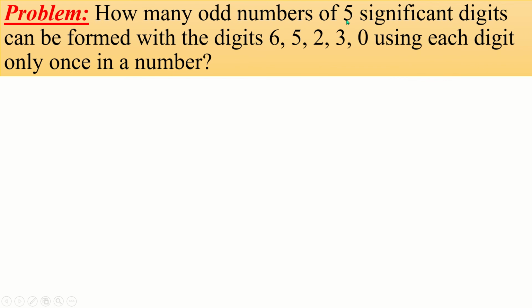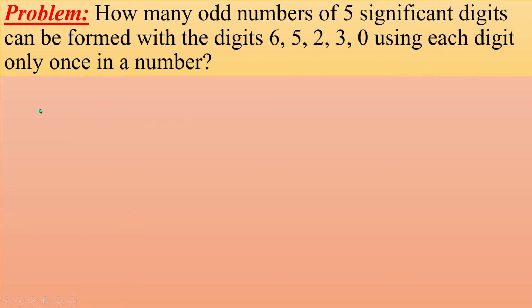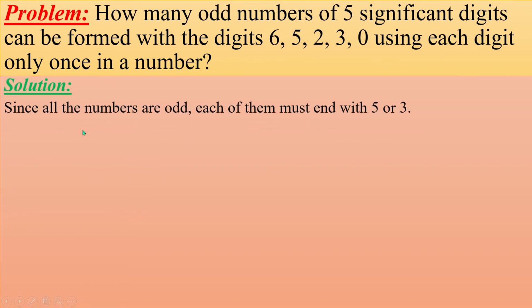How many odd numbers of 5 significant digits can be formed with the digits 6, 5, 2, 3, 0 using each digit only once in a number? Okay. As solution, since all the numbers are odd, each of them must end with 5 or 3.